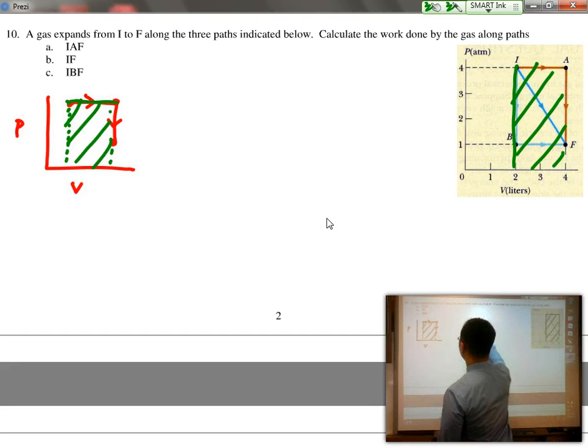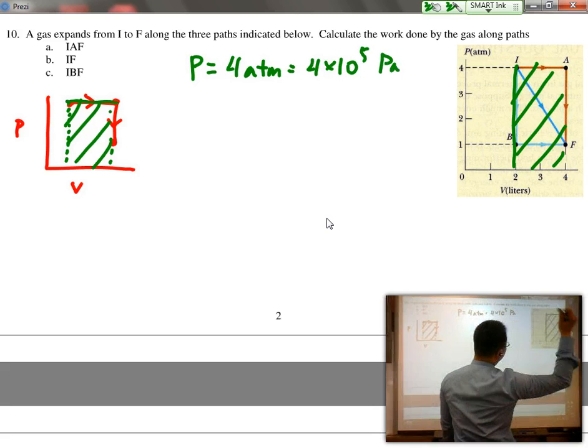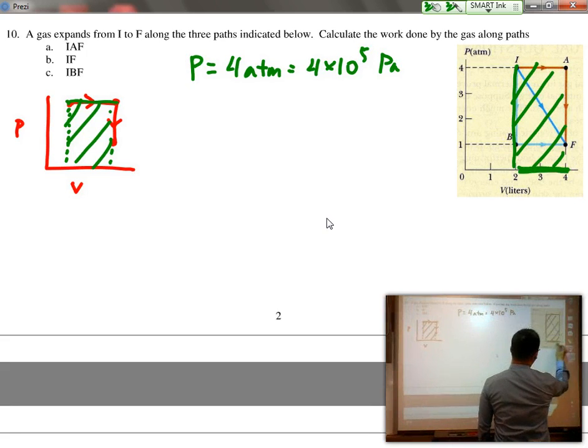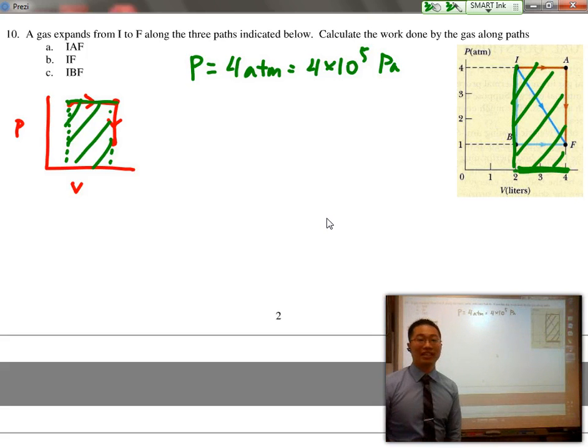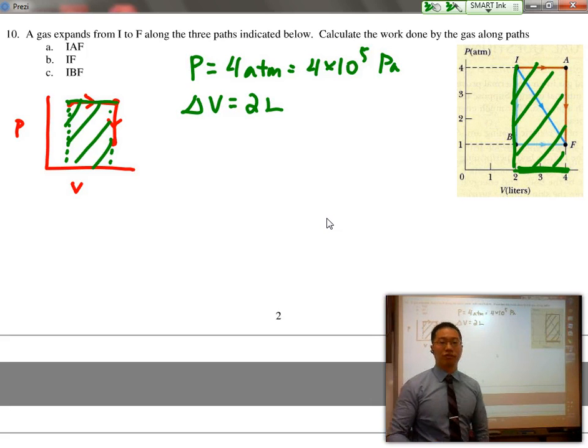I can see that the total pressure is equal to 4 atm, which is equal to 4 times 10 to the 5th pascals. The total volume here is equal to 2 liters. The change in volume is equal to 2 liters. Now the conversion factor from liters to meters cubed is that you just multiply by 10 to the negative 3rd.